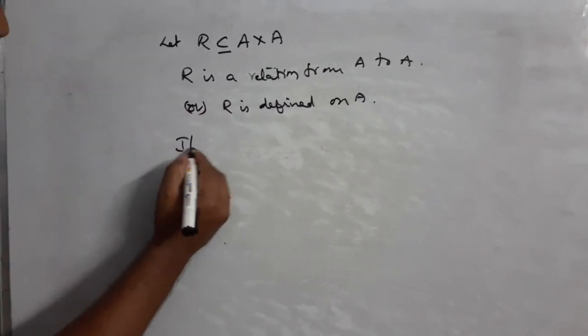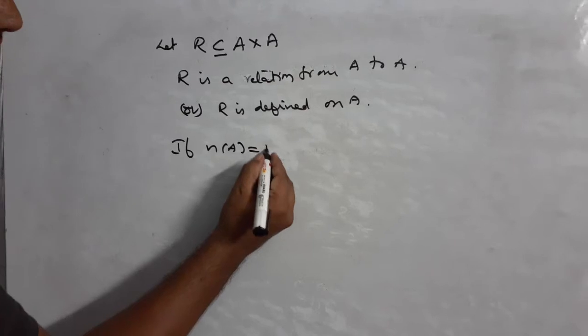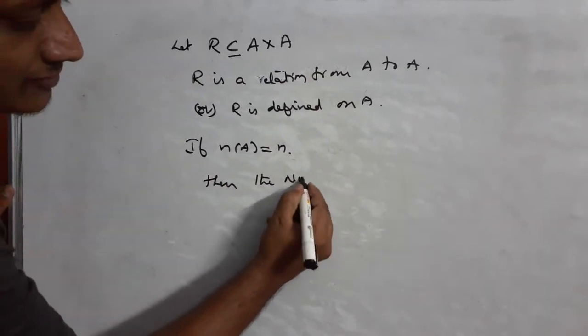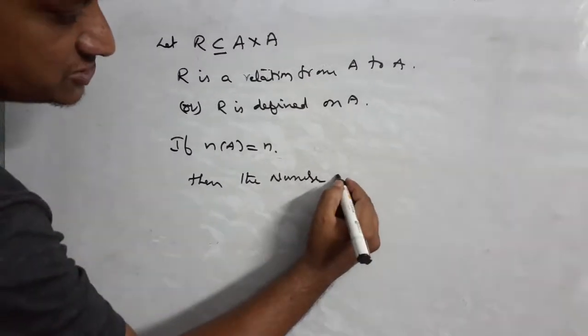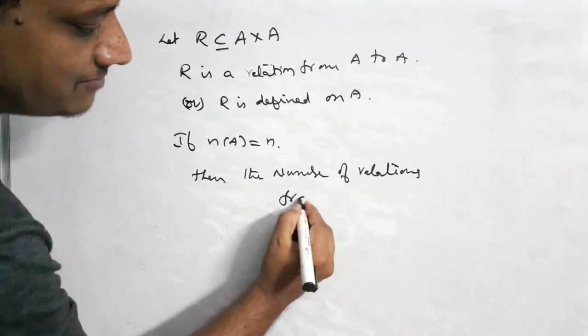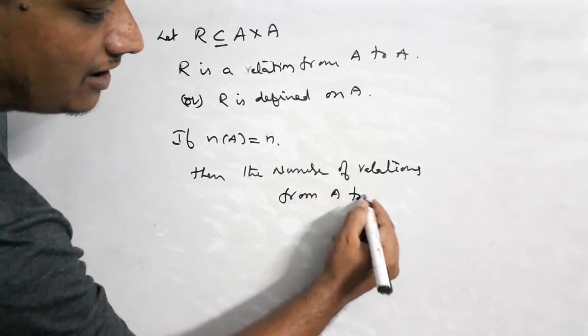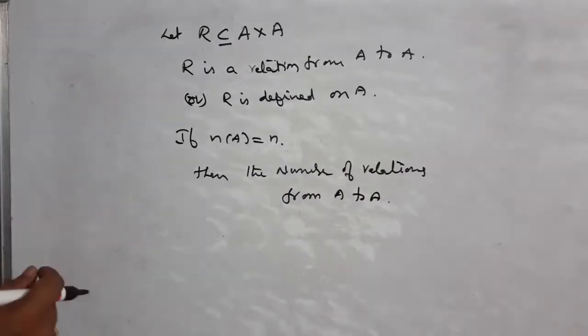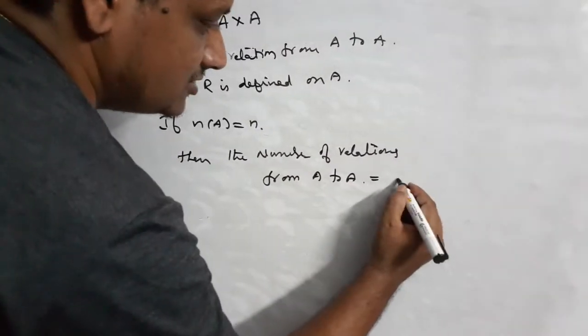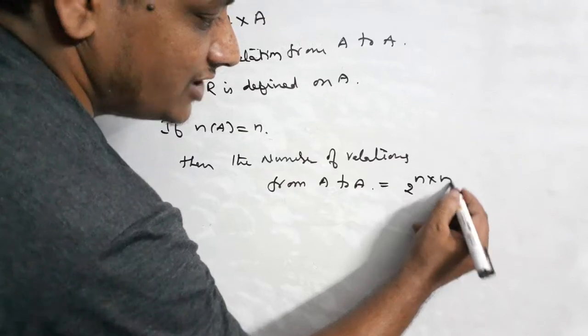Now if the number of elements in A is equal to n, then the number of relations from A to A, or the number of relations defined on A, is 2 to the power of n into n.